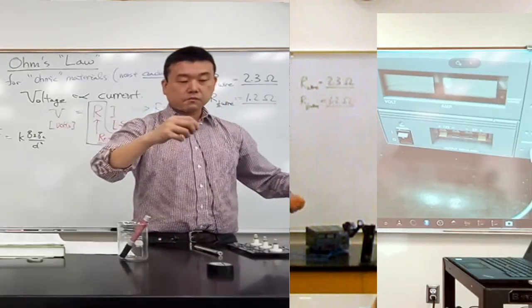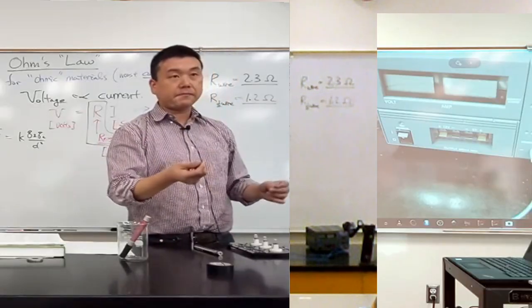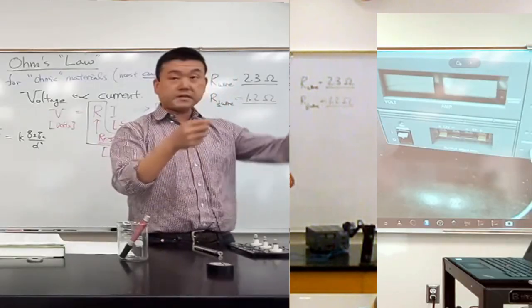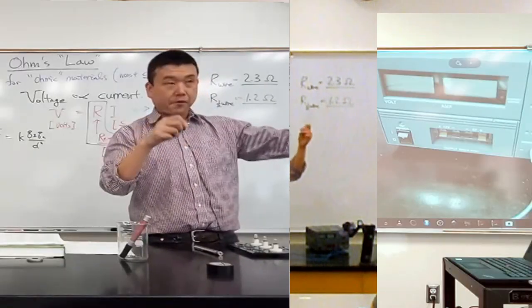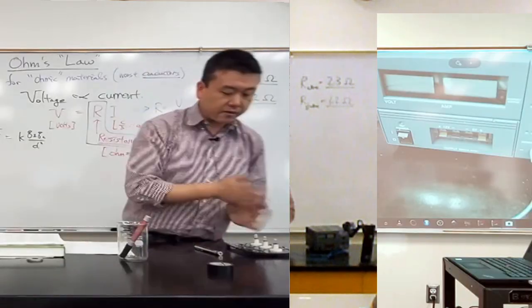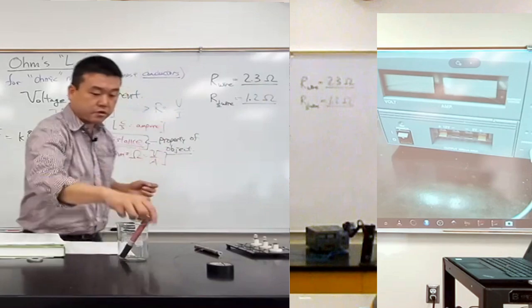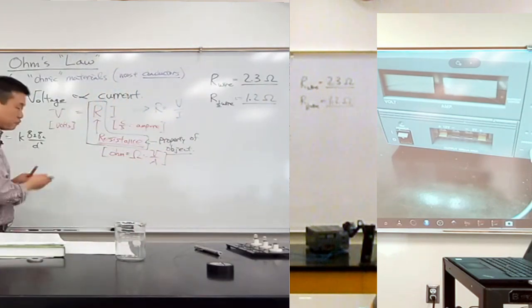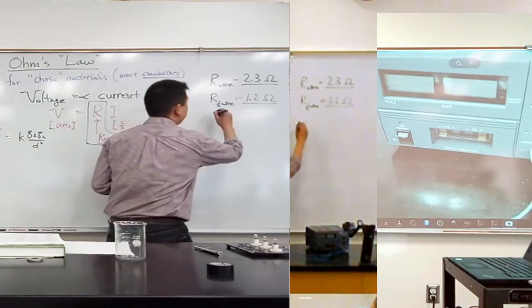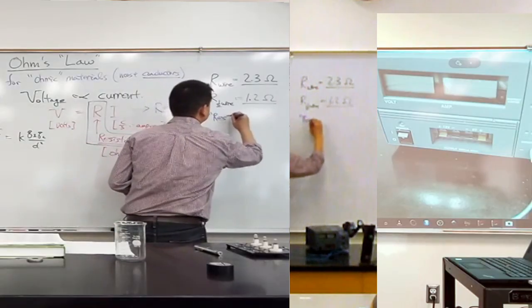So in order to describe a property of material, this is made out of steel or iron, you want to know the property of the iron. And the term that we use to refer to this idea is the phrase resistivity.